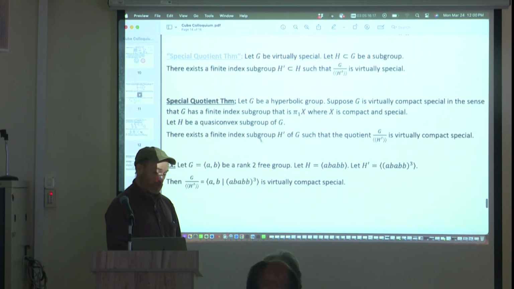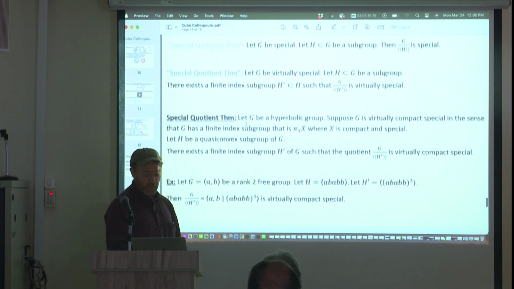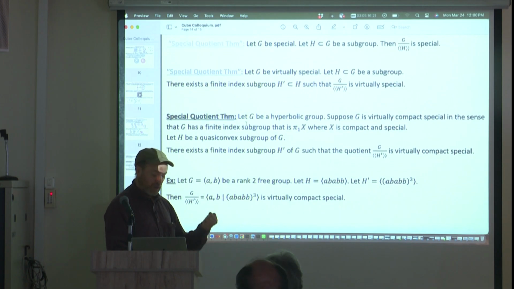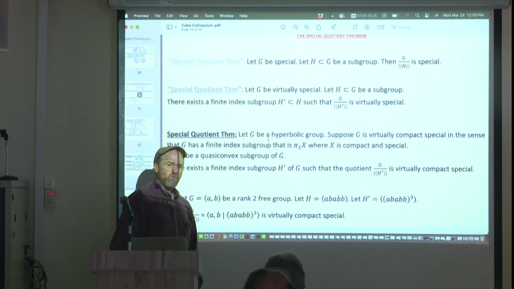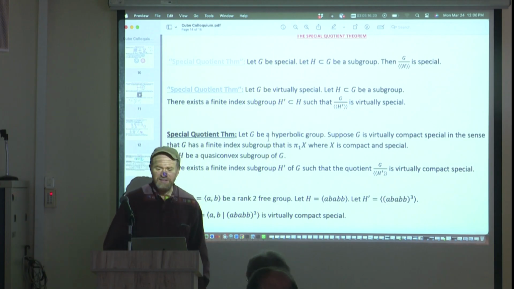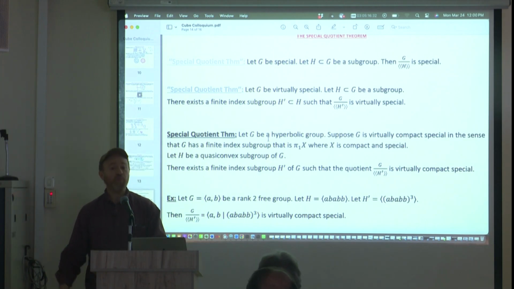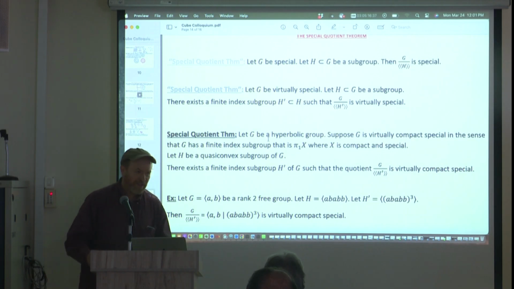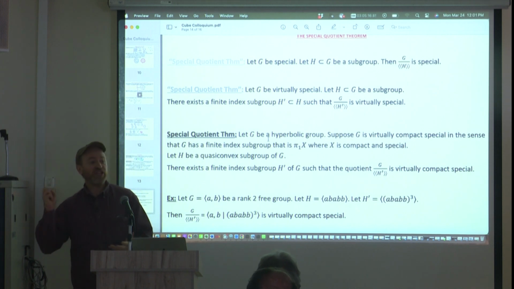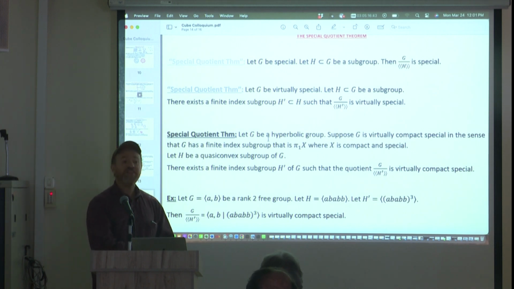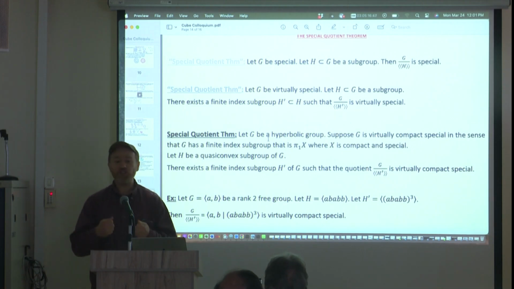And the special quotient theorem maybe is the one that turned out to be crucial over here. I'll say on one leg that if you have a group that is special, or virtually special, and you have a subgroup inside of it that you don't like, then you can kill that subgroup, kill a finite index subgroup of it really, and again, you're still special.